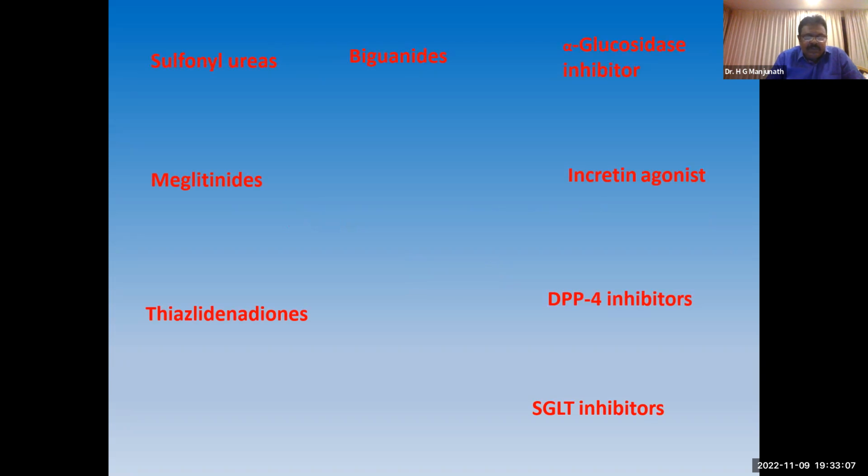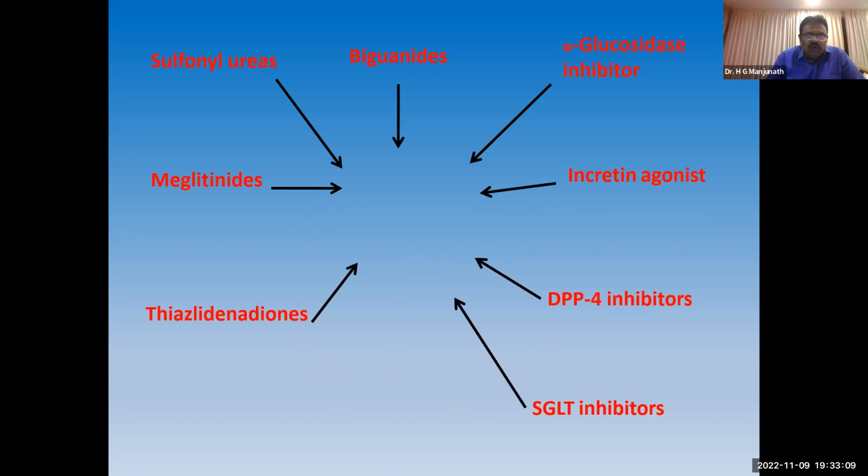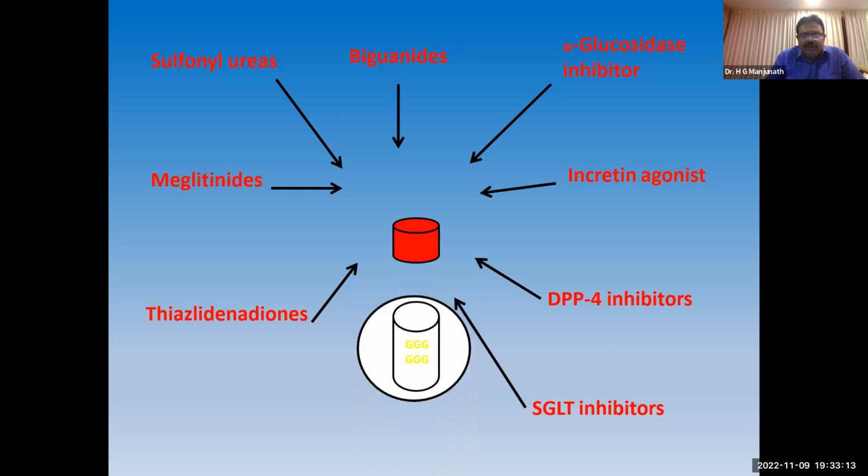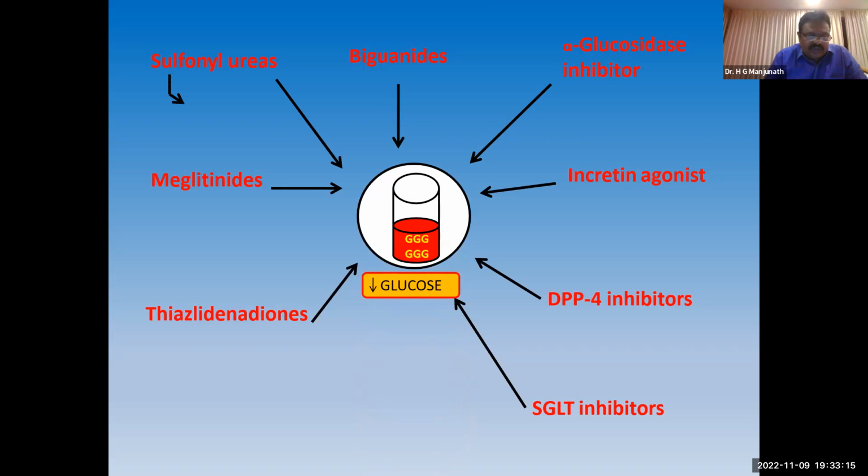These categories are chemically different, and their common goal is to reduce blood glucose level, especially in type 2 diabetes mellitus. Remembering which drug belongs to which category is very difficult. So we have some common prefixes and suffixes attached to these oral hypoglycemic agents.